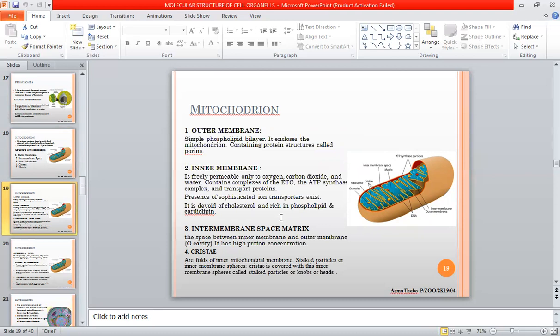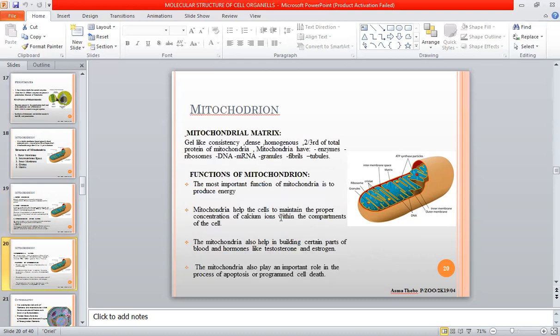The inner membrane is freely permeable to oxygen, carbon dioxide, and water, and contains complexes of ATP synthesis and transport proteins. The intermembrane space is the space between the inner membrane and the outer membrane. Cristae are foldings within the mitochondrial membrane.